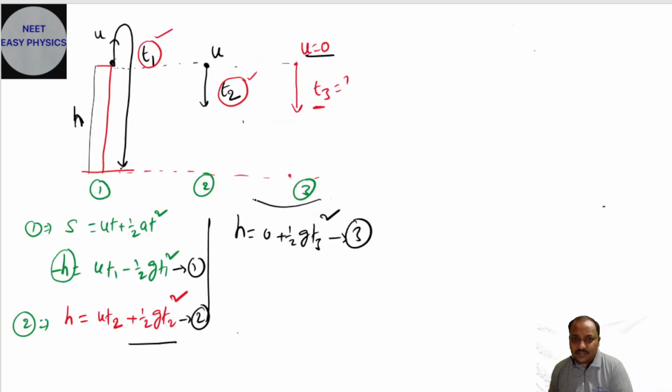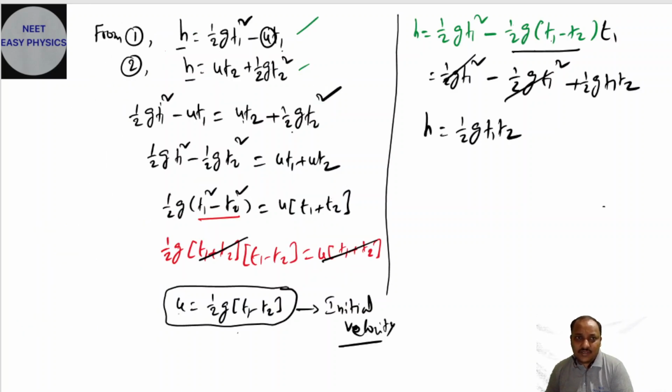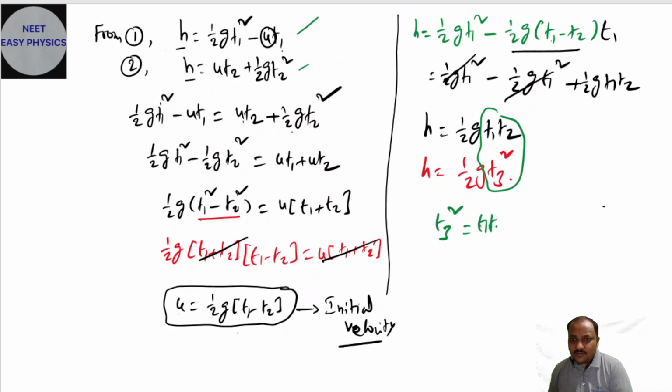Compare this equation with equation number 3. What is equation number 3? h is equal to half g t3 square. If you compare, t3 square is equal to t1 t2, so t3 is equal to root of t1 t2.